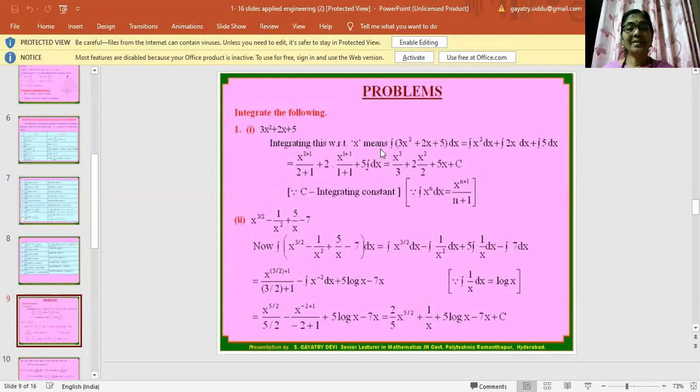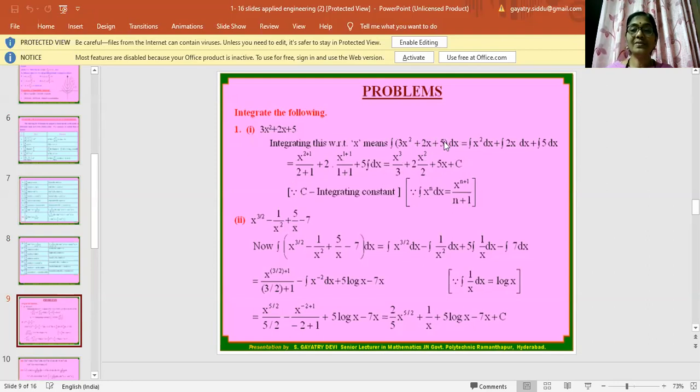Integrating this with respect to x means you have to write the symbol integral of, take the function within brackets, write dx because with respect to x, as integration of sum of functions is equal to each one integration. So take each term separately, and then integrate.